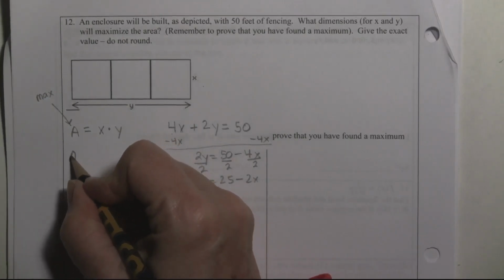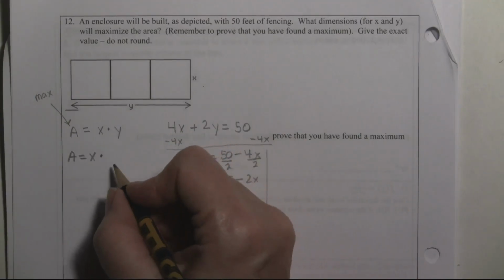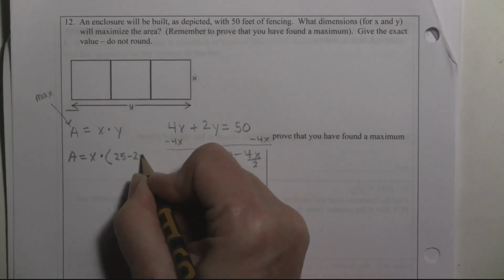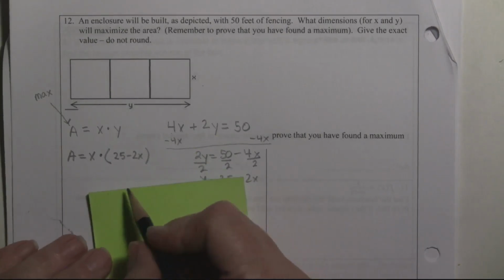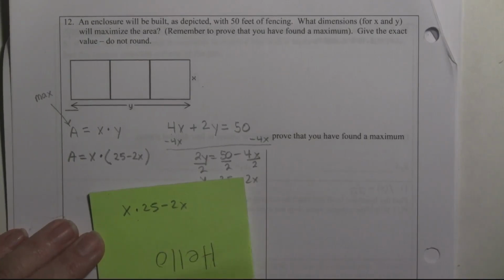So this is going to become the area equals x times, and when you substitute, parentheses are implied. So I'm going to put the parentheses there, 25 minus 2x. And the parentheses remind me that I'm supposed to distribute. If I had written this without the parentheses, I'll use this paper here so I don't get it written wrong on my paper, that doesn't mean distribute.